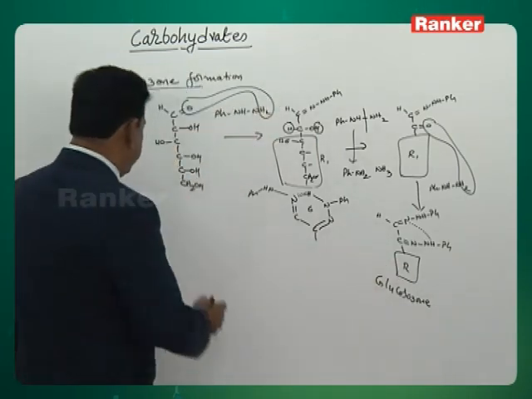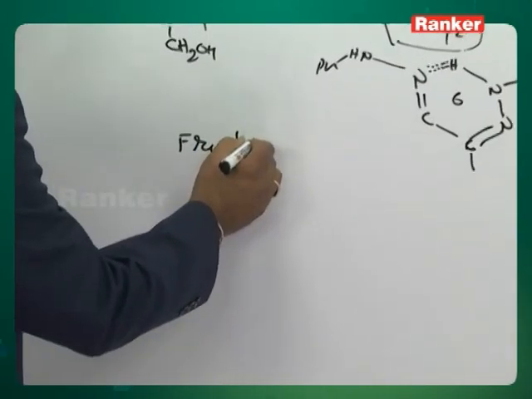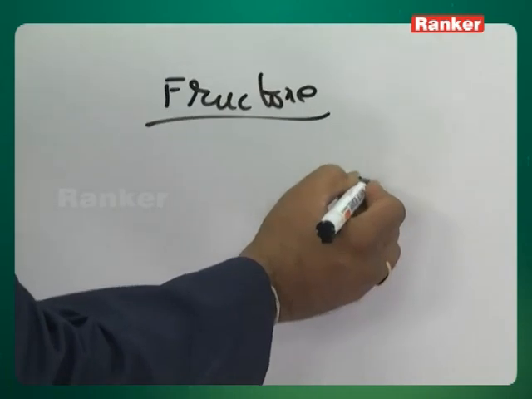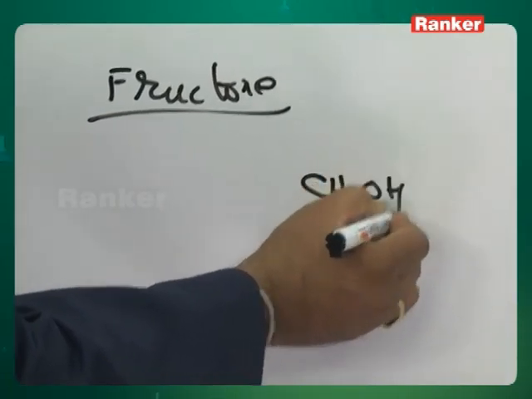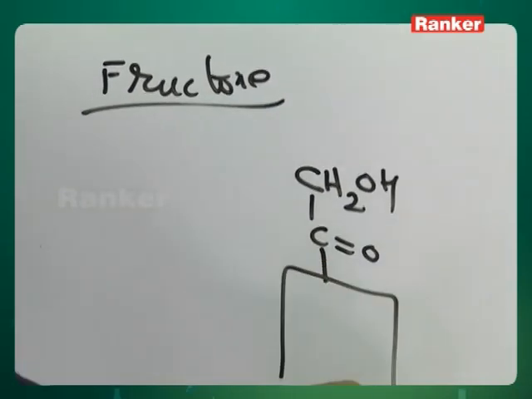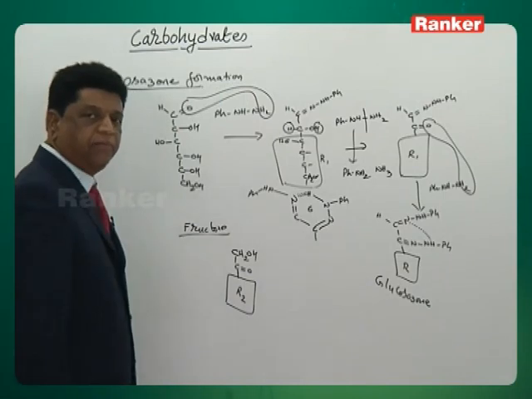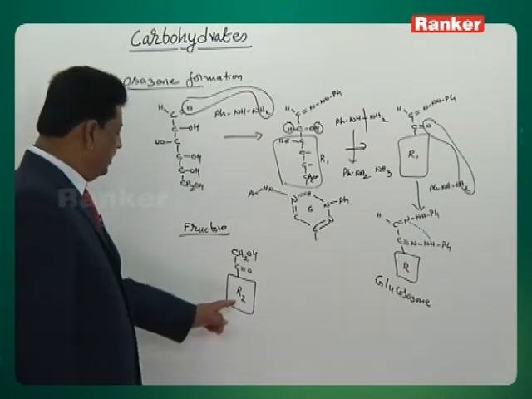So, surprisingly, you take fructose. What symmetry will fructose contain? The first carbon is non-chiral CH2OH, the second carbon is a non-chiral carbonyl. At the third, fourth and fifth, let us say it has some symmetry, we don't know, having the R2.